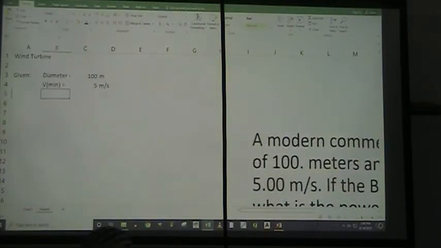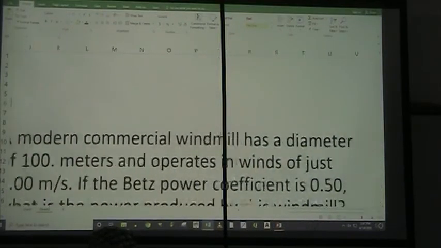Our Betz power coefficient, CP, I wonder why they use CP, because that is something that we use in quality control. Oh well, it doesn't matter. Is 0.50. And let's see, what else?